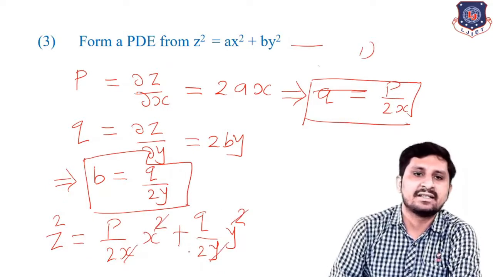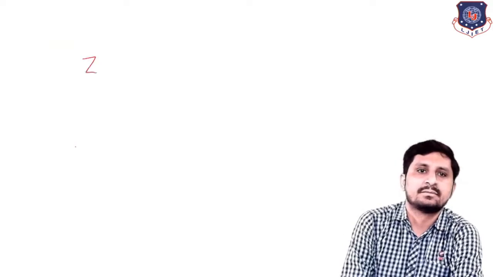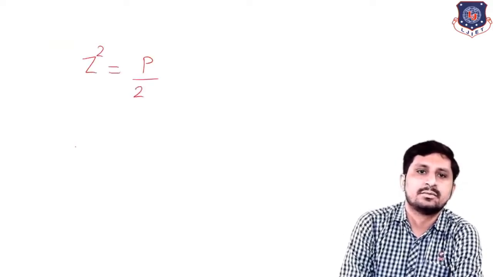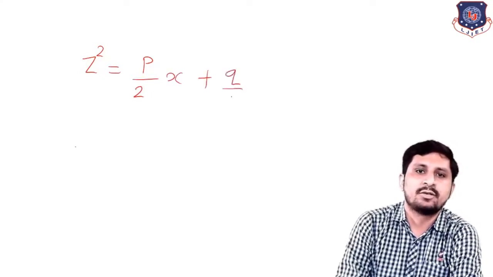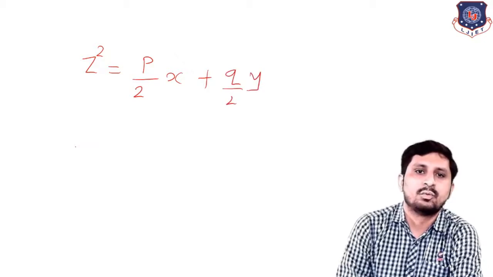So finally we get z square is equal to p by 2 into x plus q by 2 into y.